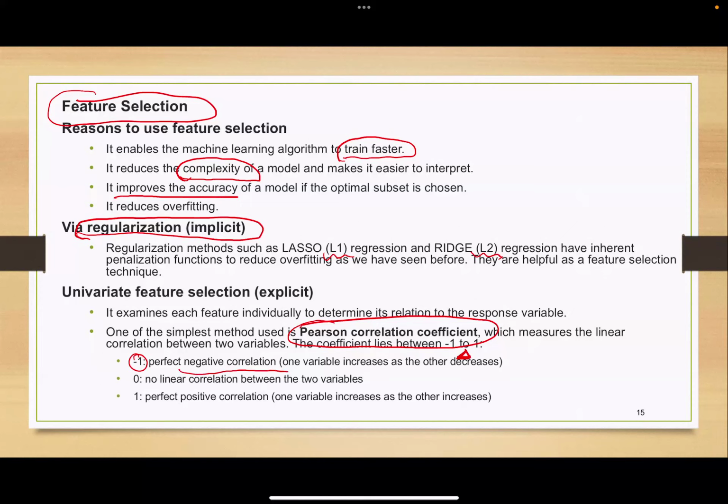If one variable increases, another variable decreases correspondingly, that means a negative correlation. And then we also have a positive correlation. The values of the two features grow up together. One increases, another also increases. This means a positive correlation. And when it is very small, like 0, it means there is no correlation between the two features or variables.